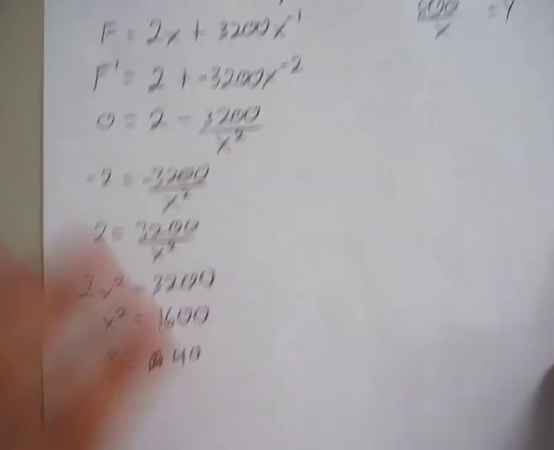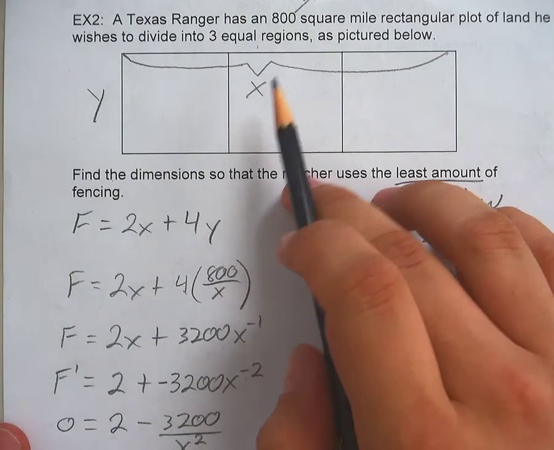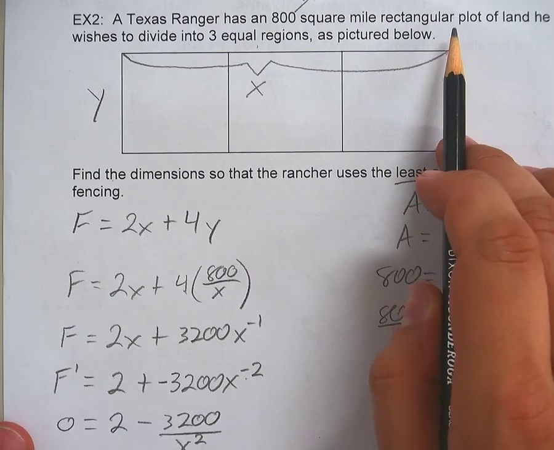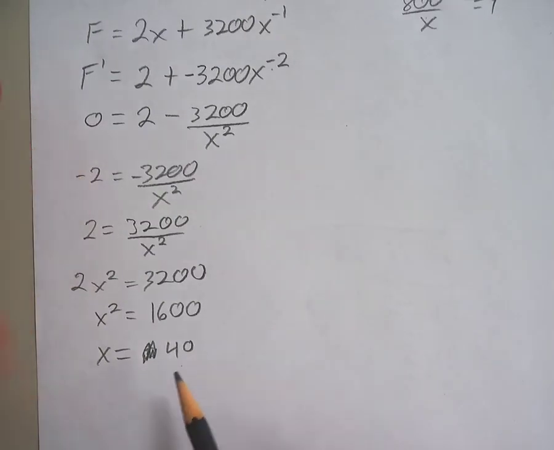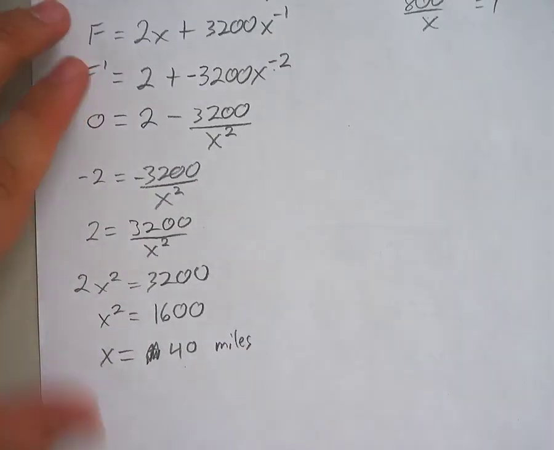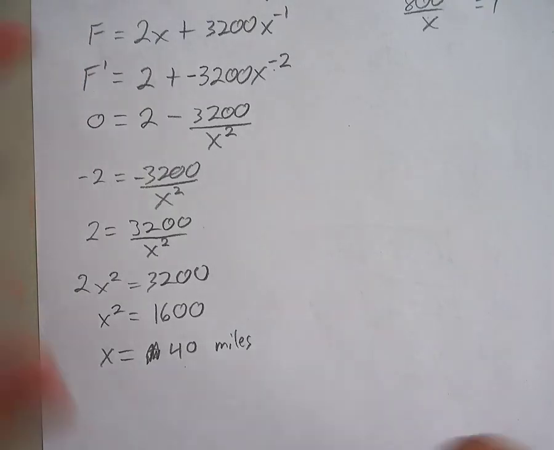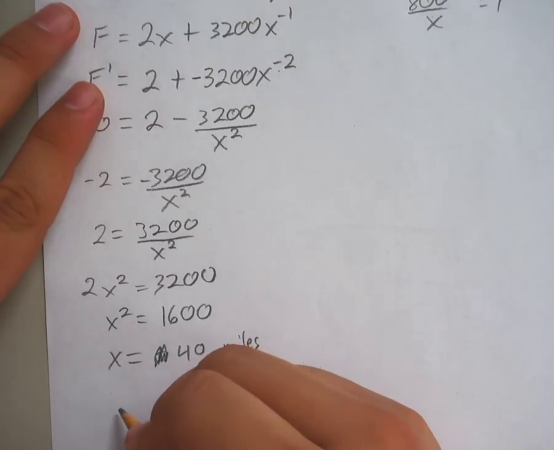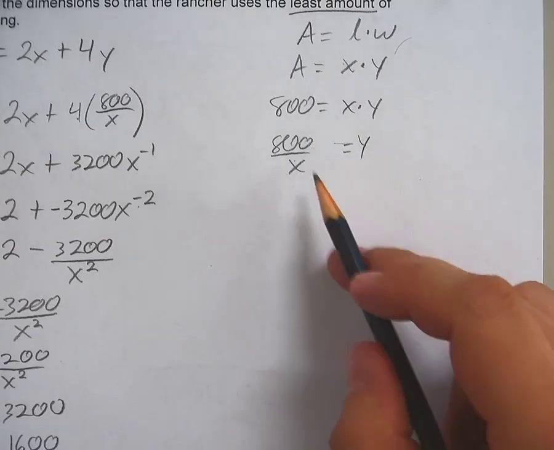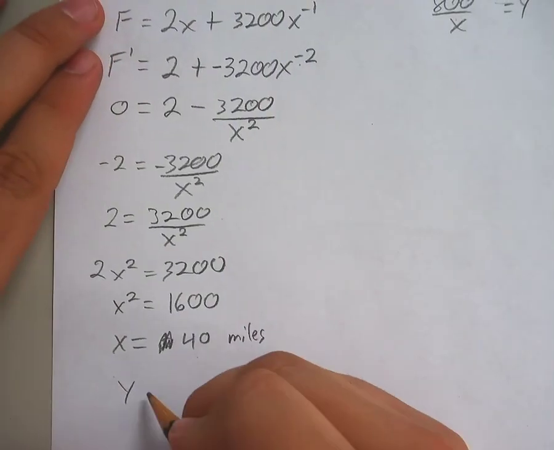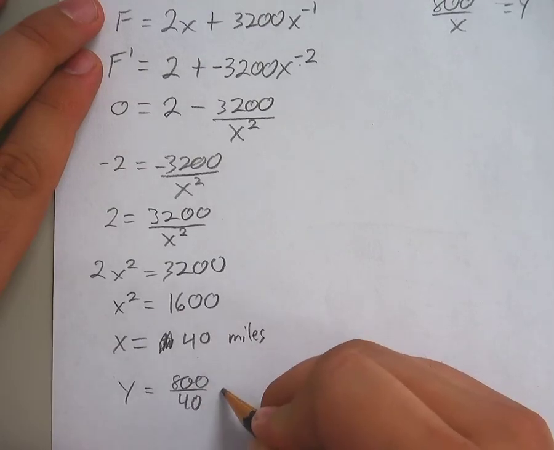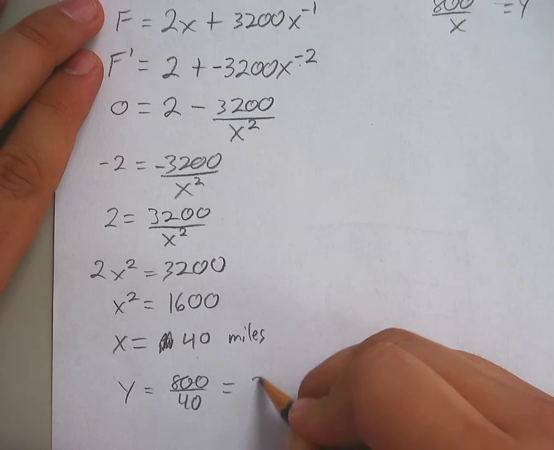That's 40 what? Back up to the question. He has an 800 square mile rectangular plot. That's a big plot. So this x needs to be 40 miles. Well then, simple enough. To get y from back up here, 800 over x, that's going to be 20 miles.